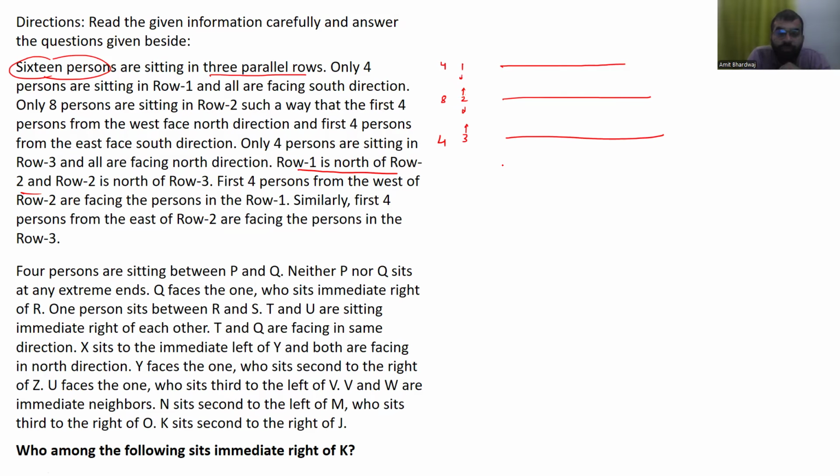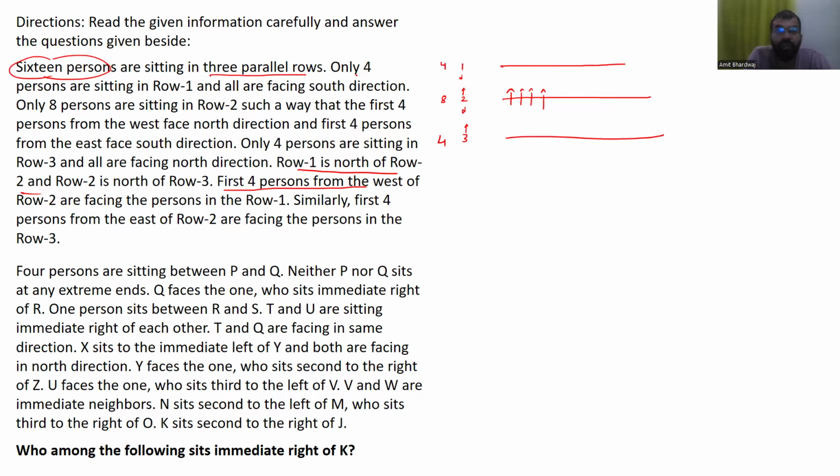Similarly, the first 4 from the east of row 2 means from here basically. The first 4 from the west of row 2 are facing the row 1, basically looking upwards. Why?